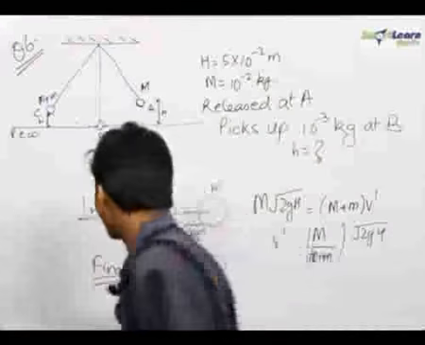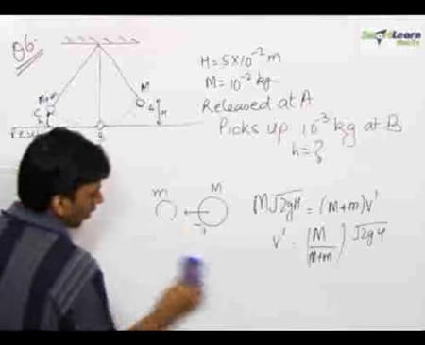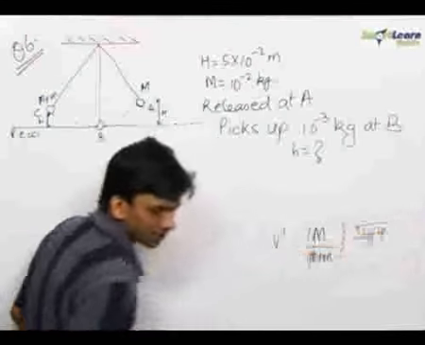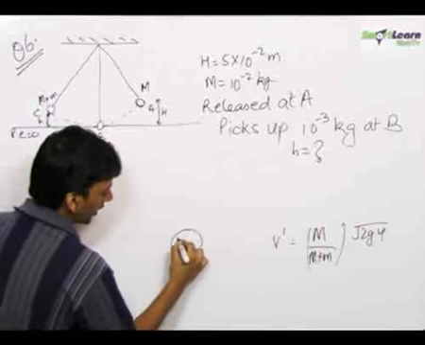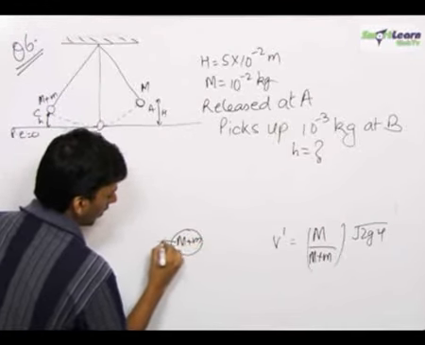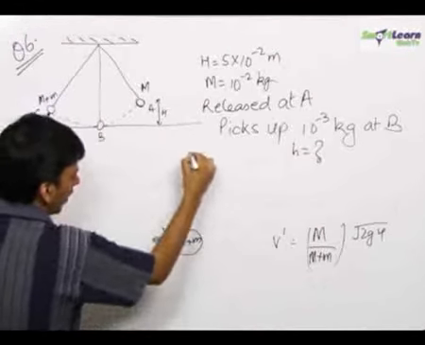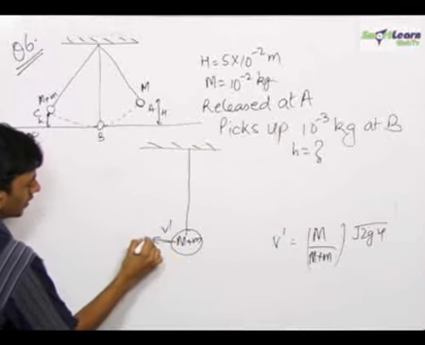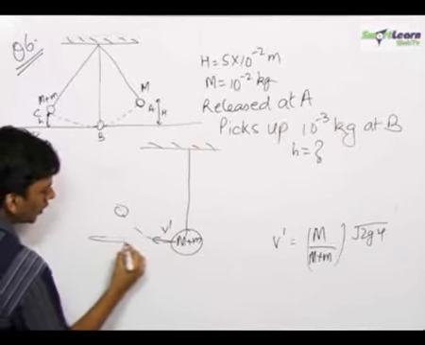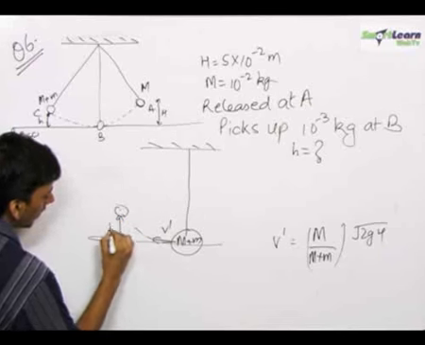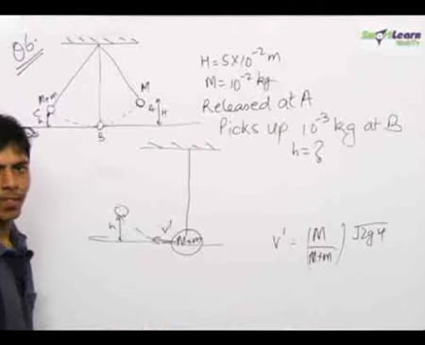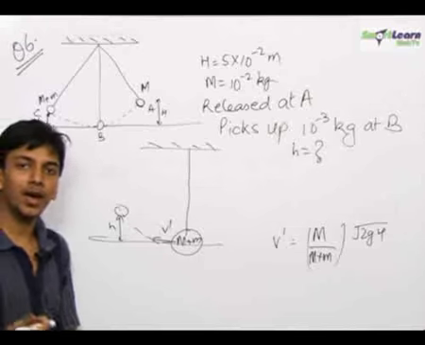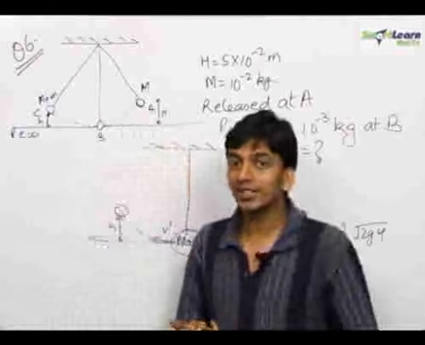Now, we know the velocity v dash of the combined mass of the system at the lowermost point. Now, again let us analyze the pendulum motion. This will rise up to the point till its kinetic energy becomes 0. Again from this point to this point, we can apply mechanical energy conservation.